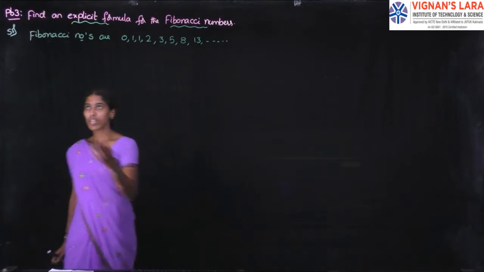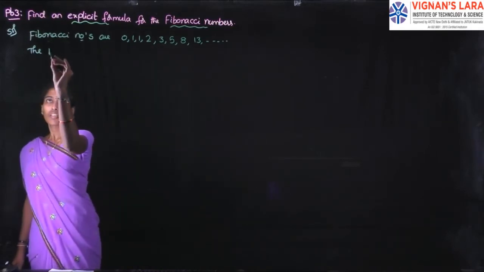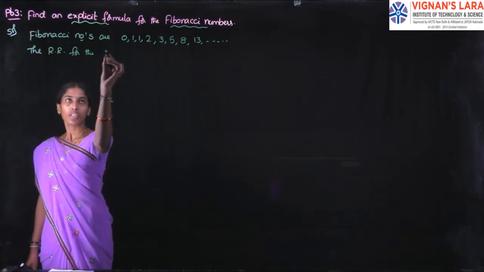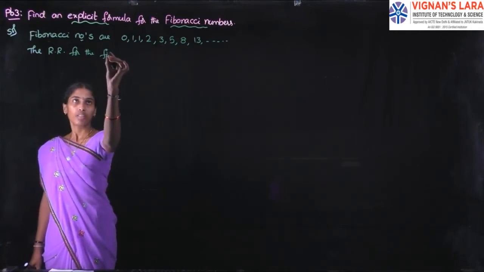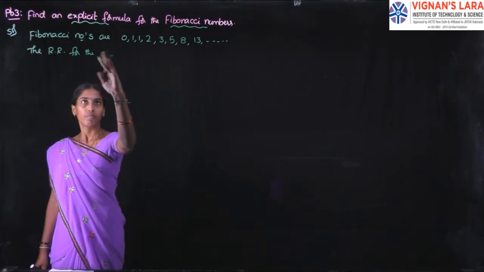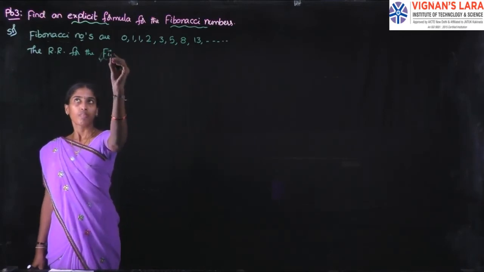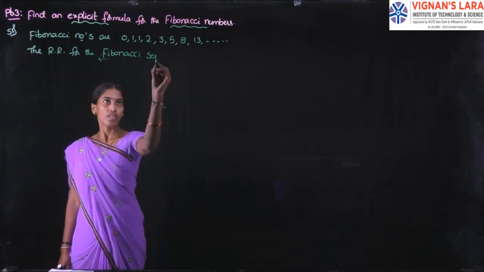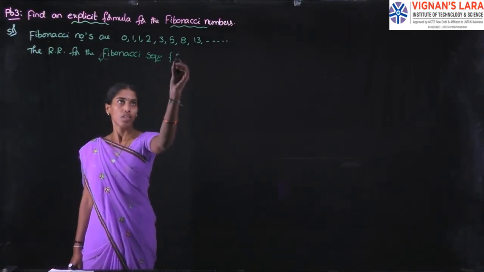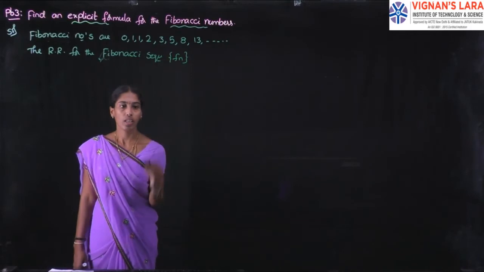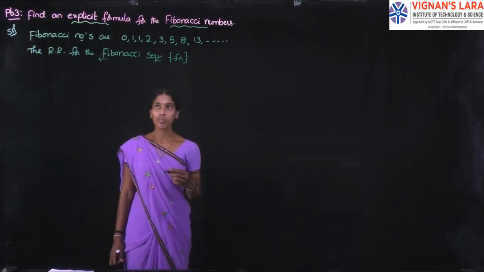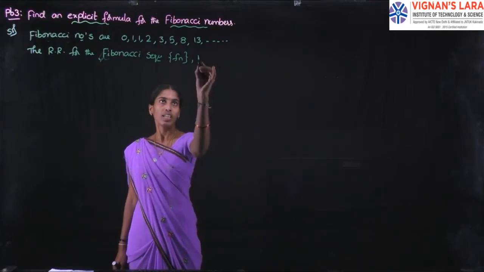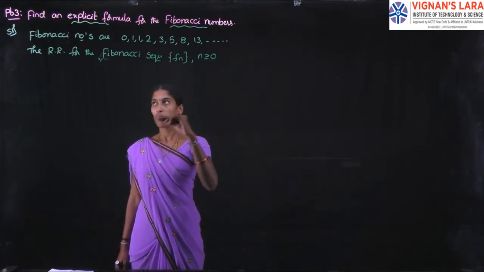The recurrence relation for the Fibonacci sequence Fn. We are representing the terms of the Fibonacci sequence using the sequence Fn, n greater than or equal to 0.